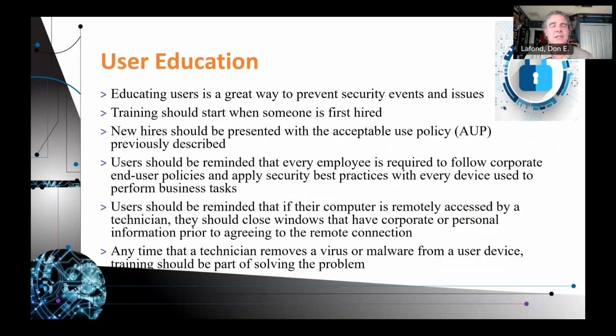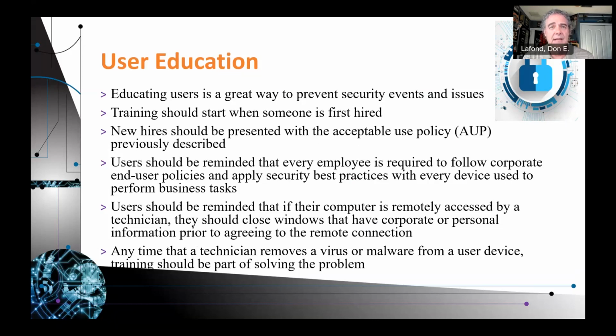User education. Educating users is a great way to prevent security events and issues. Training should start when someone is first hired. New hires should be presented with the acceptable use policy, the AUP, previously described. Users should be reminded that every employee is required to follow corporate end user policies and apply security best practices even when devices are used to perform business tasks.